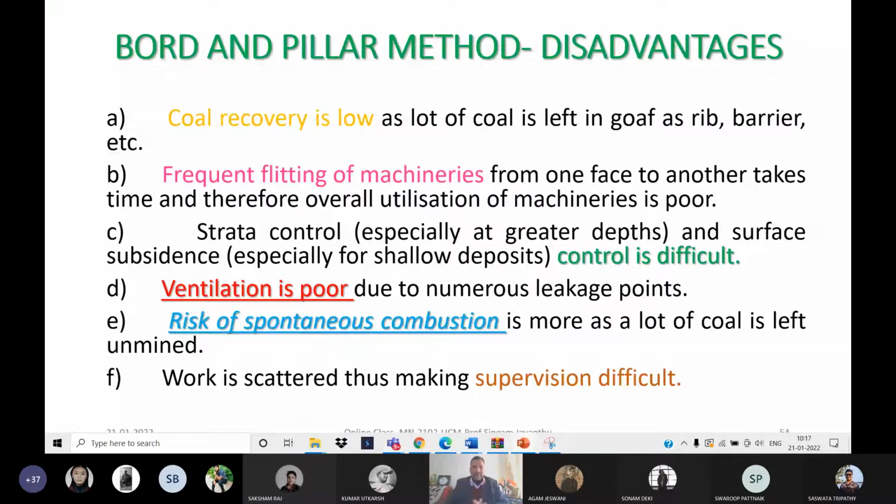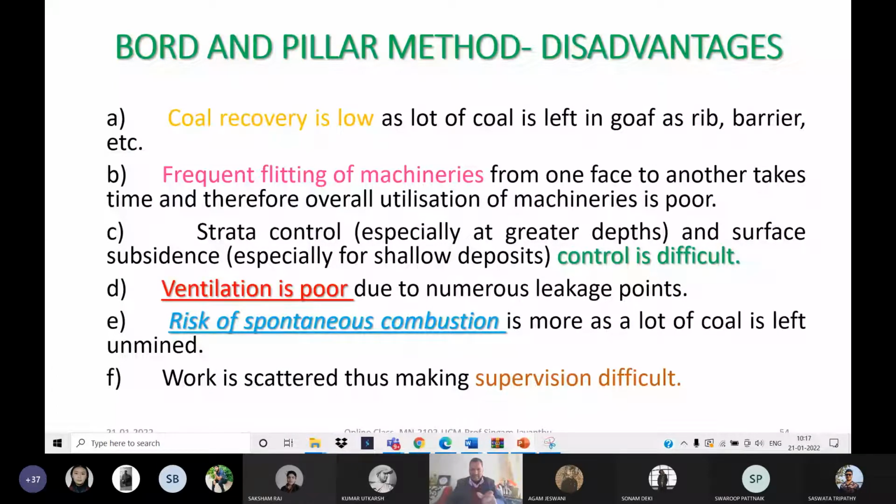Now, continuing with the development issues in any method, as we have seen, we should know its applicability, and then we should understand its advantages and disadvantages. I have seen a little bit about advantages with board and pillar.